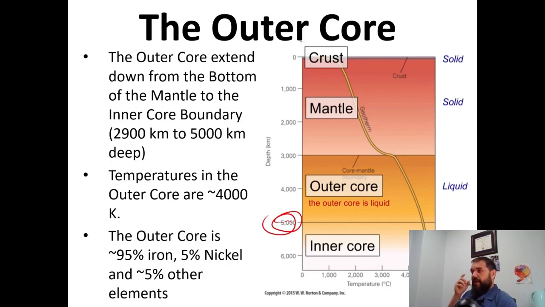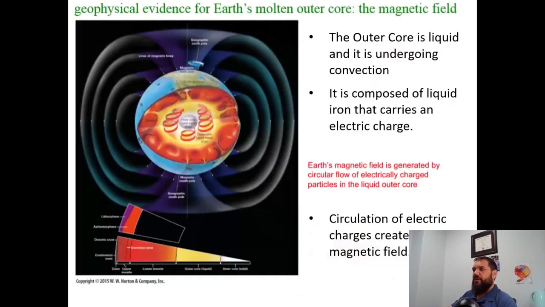So the outer core goes from a radius of 5,000 kilometers to 3,000 kilometers. If you're taking a trip through the Earth, about 2,000 kilometers of the 6,400 would be outer core. Temperatures in the outer core are about 4,000 kelvins, about 4,000 degrees Celsius. It's about 95% iron, 5% nickel, probably 5% other stuff, and we don't really know what that other stuff is.